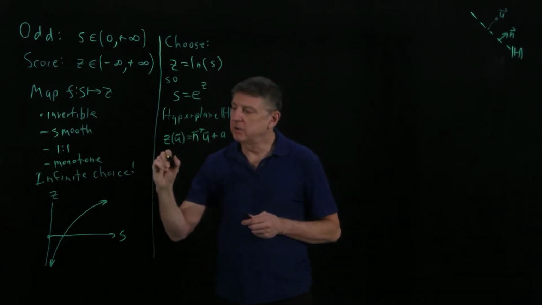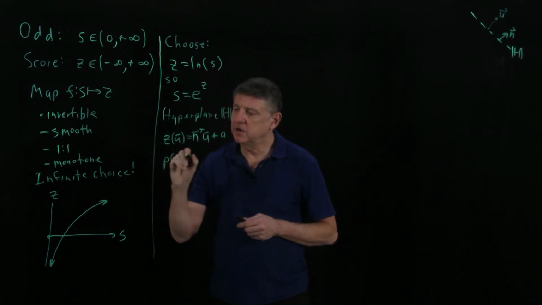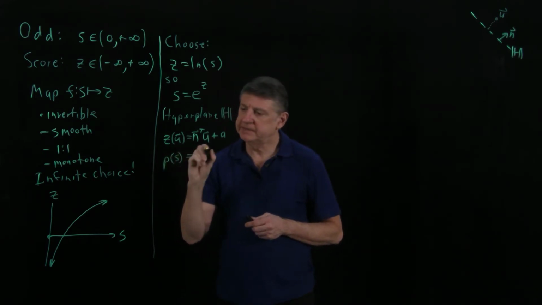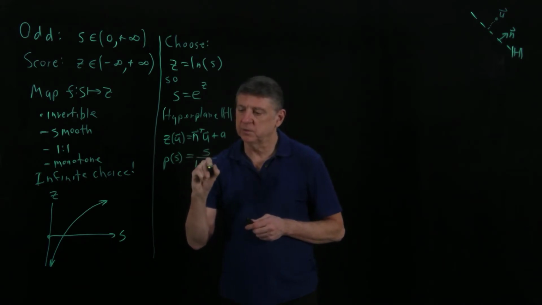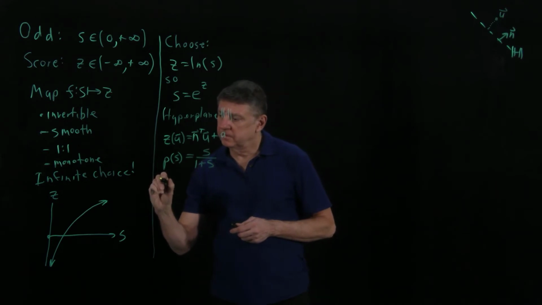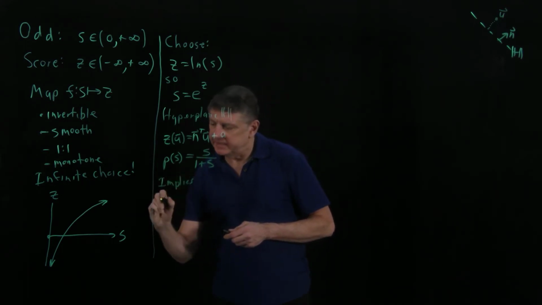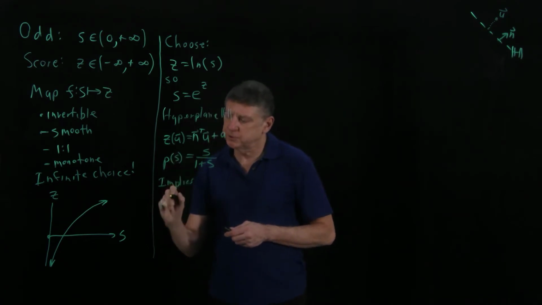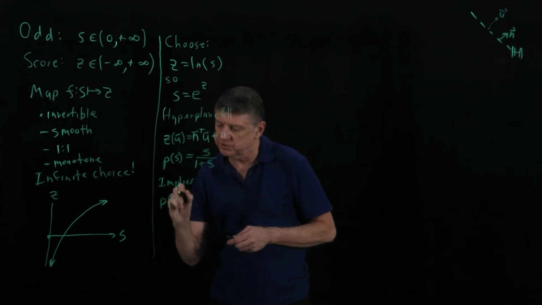Well, I know that the probability given odds is the score divided by 1 plus the score. And that implies that if I don't want to use the odds, I want to use the score.